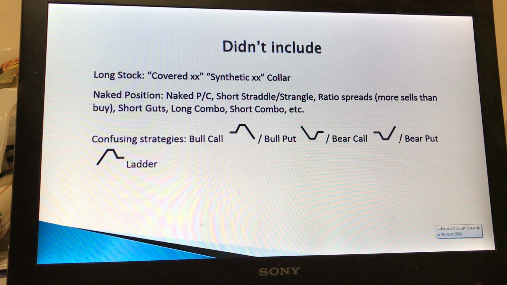And also there are some strategies that are quite confusing about whether they are bullish or bearish, such as the bullish call ladder, bullish put ladder, bearish call ladder, and bearish put ladder. These strategies are very complicated and not so easy to adjust.